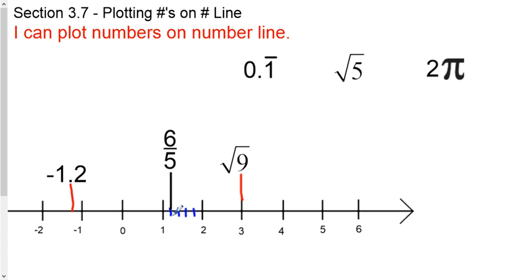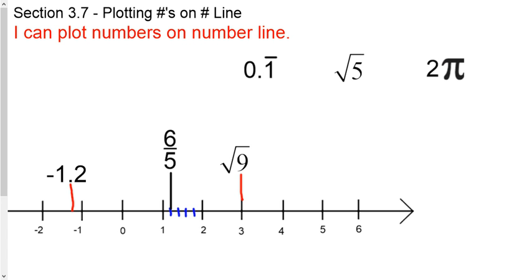There's nothing wrong with leaving these little tick marks here, because that's actually showing how you were planning it out and where the 6/5 went. If you wanted to erase them, that's fine, but personally I would say you'd be better off just leaving them because it's a little bit more of a mental breadcrumb trail showing the person how you figured out where the 6/5 went.